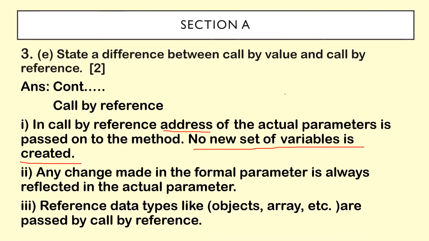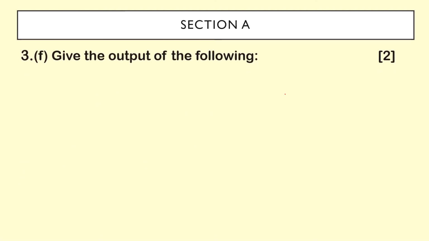Reference data types like objects, arrays, classes, etc., are passed by call by reference. So basically the reference data types, not the primitive data types, are passed by call by reference. I hope this question is quite clear, and I've given you a few more points so that you will be flexible enough to answer. Okay, let's come to the next question.